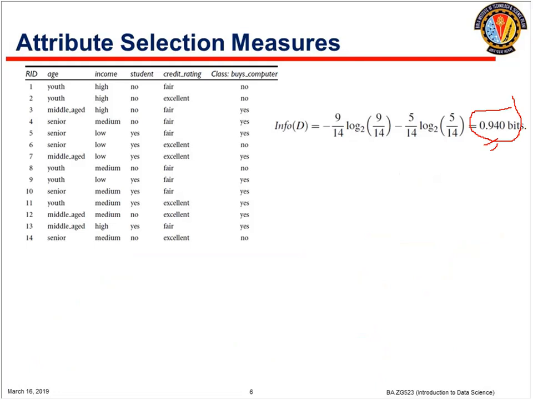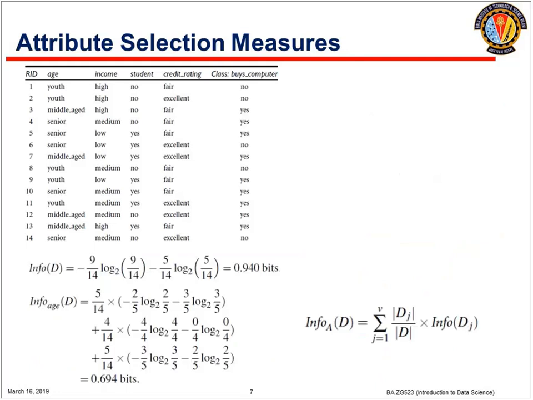So once you split on age, what will be the entropy of the system after this split?